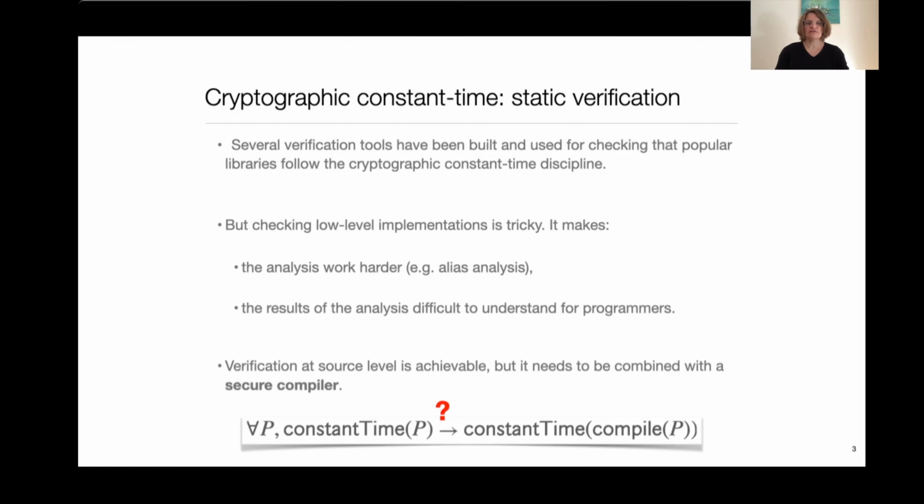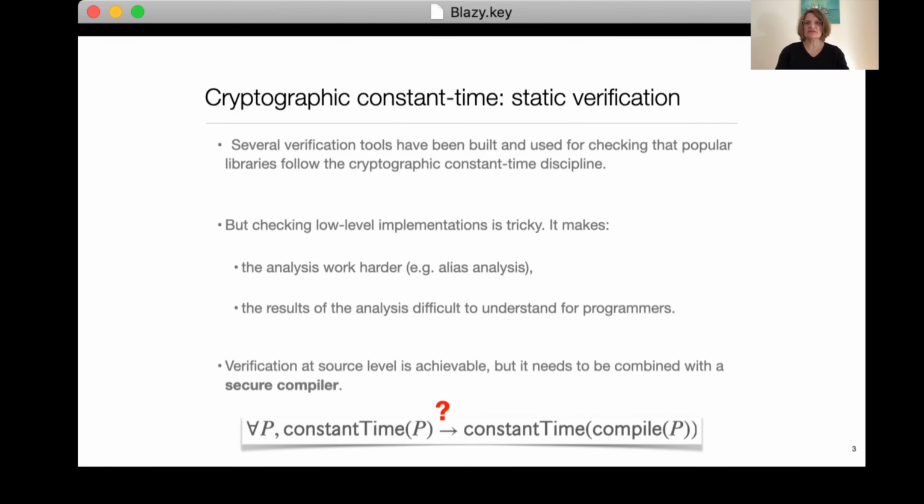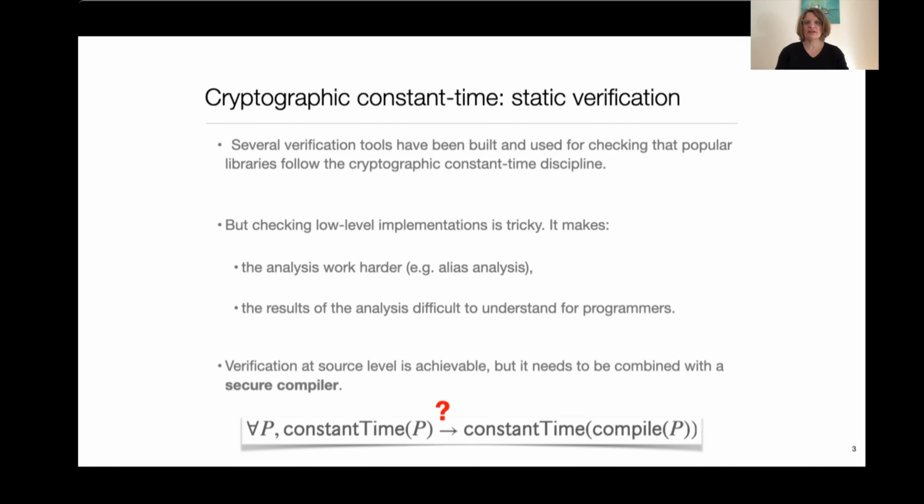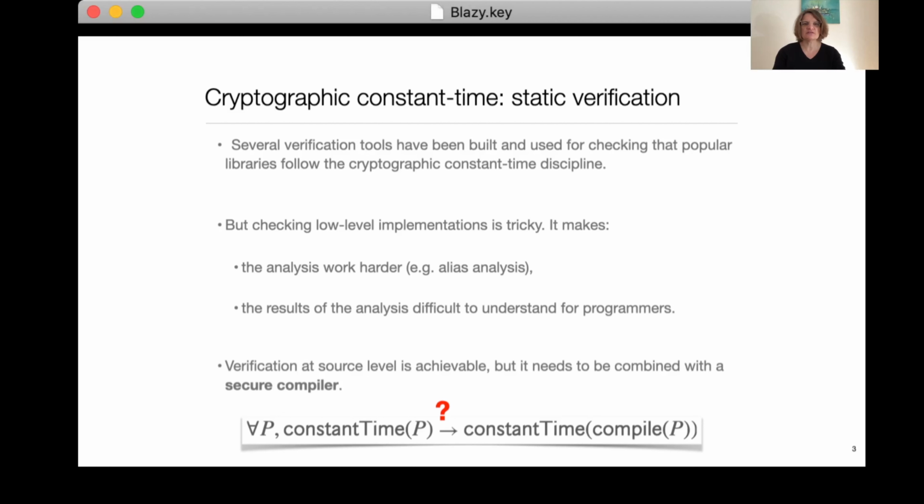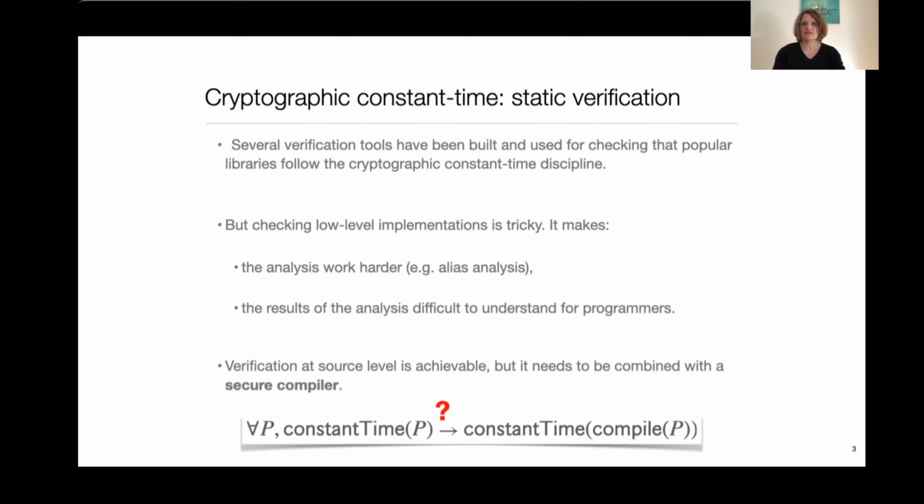Building correct, efficient, and constant time libraries is very challenging, and expert developers occasionally fail to follow this policy. So several verification tools have been built and used for checking that popular libraries follow a constant time policy. But these tools target low-level implementations for efficiency reasons and because the policy is related to the running program, that is the compiled program.